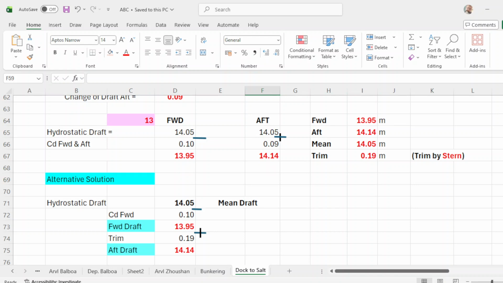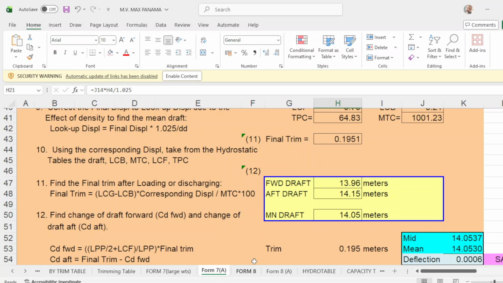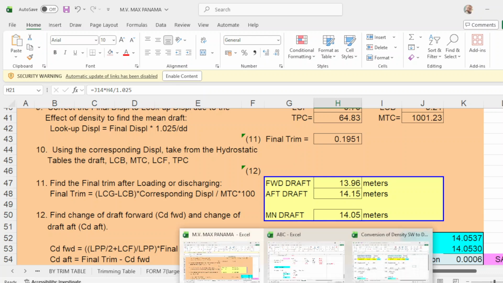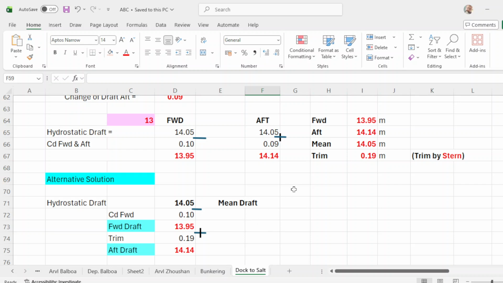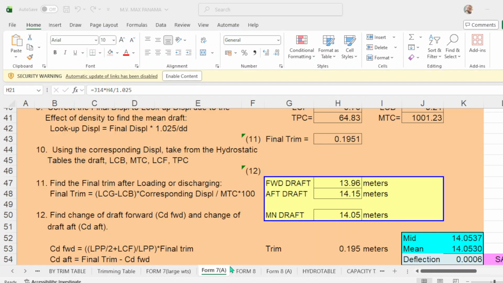This is manual, and the program is 1415. But the main drop is the same, 1405. Main drop here is 1405. Okay, and the trim is 0.19, and the trim here is 0.19. Okay, or 19.